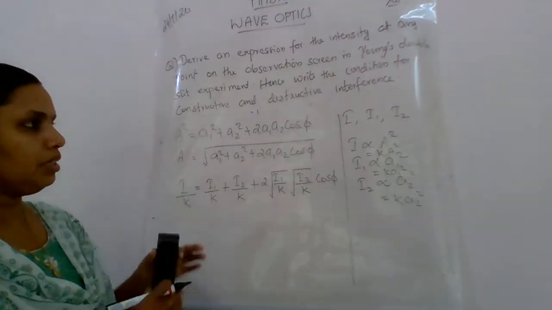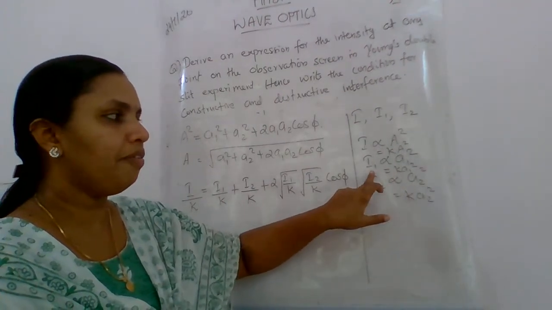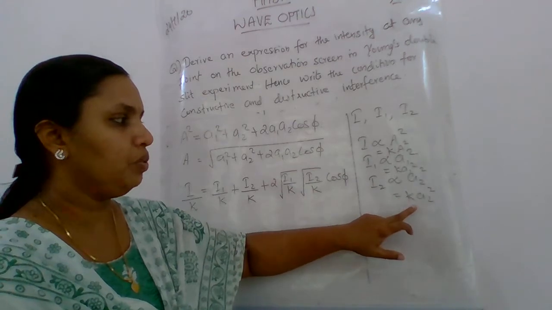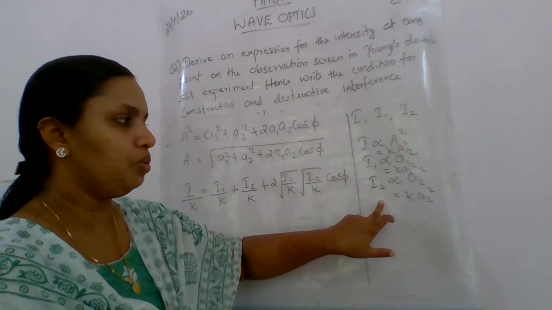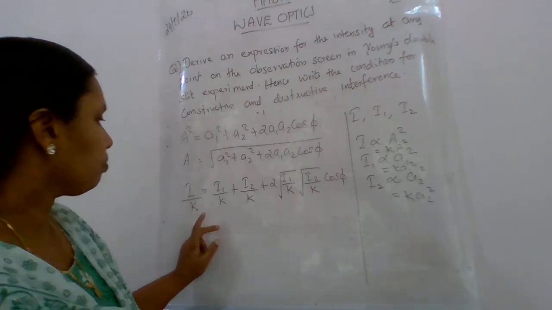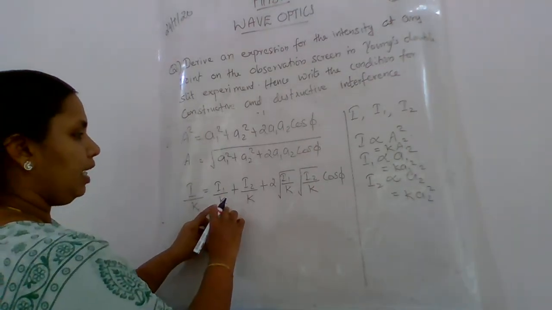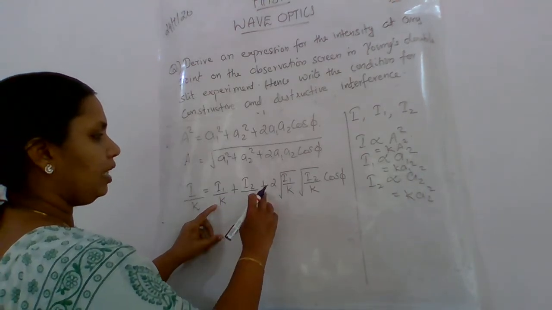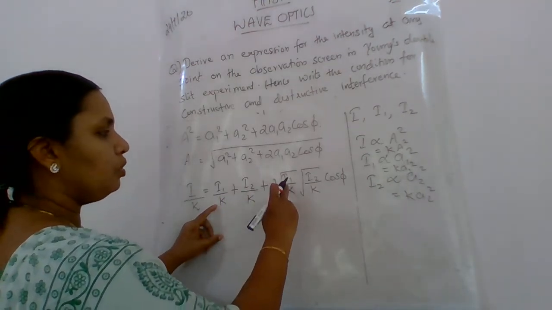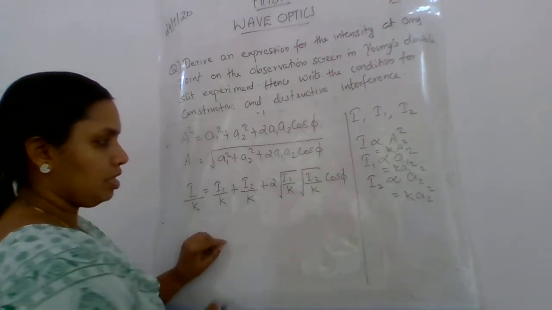Okay, so here A1 means the square root of I1 by K, and A2 is the square root of I2 by K. So I by K is equal to I1 by K plus I2 by K plus 2 root I1 by K root I2 by K cos phi.